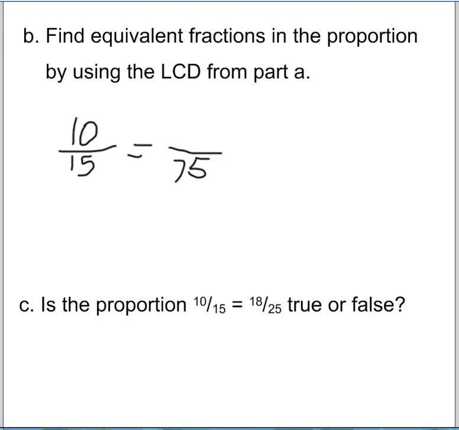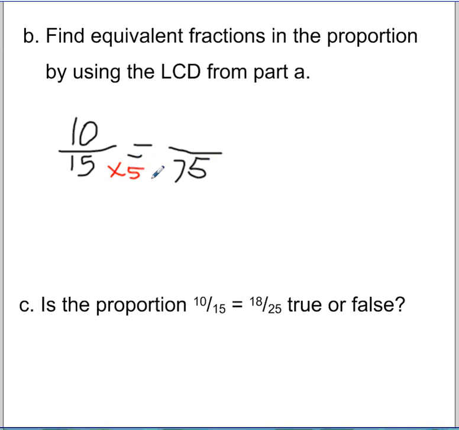So we need to find out what we need to multiply to get from 15 to 75. If you're not sure, you can do 75 divided by 15 to find that out. But it was 15 times 5 to get to 75.